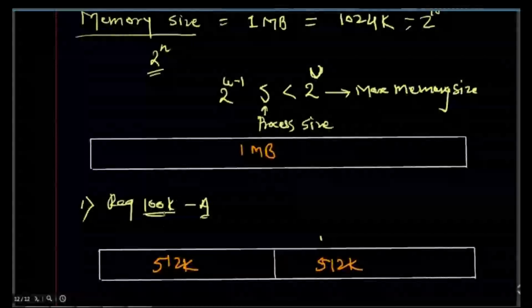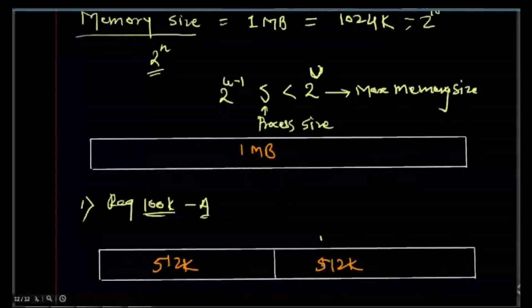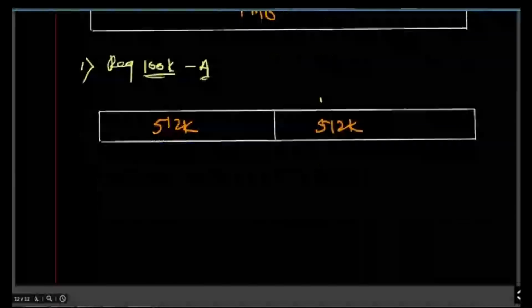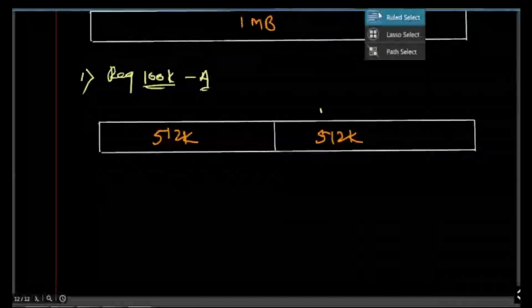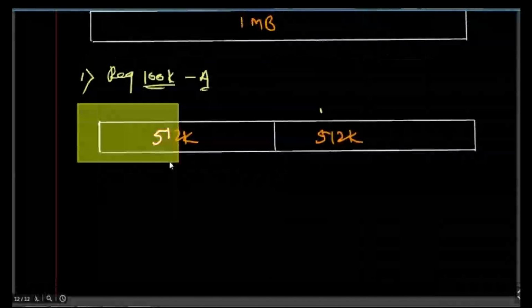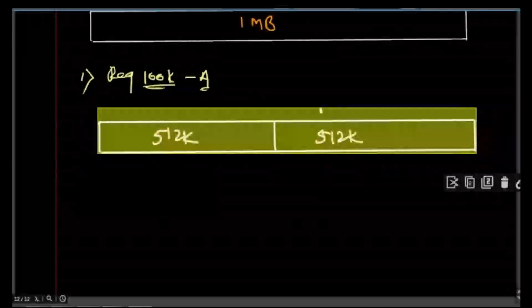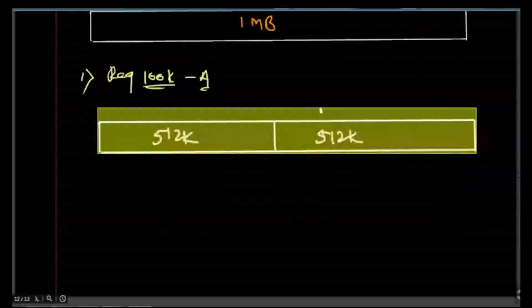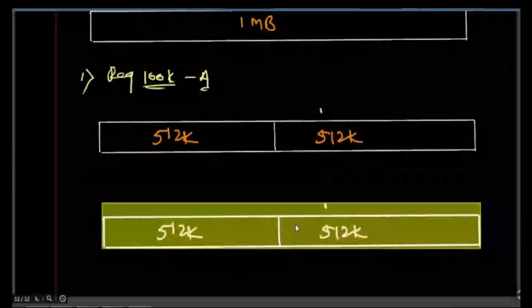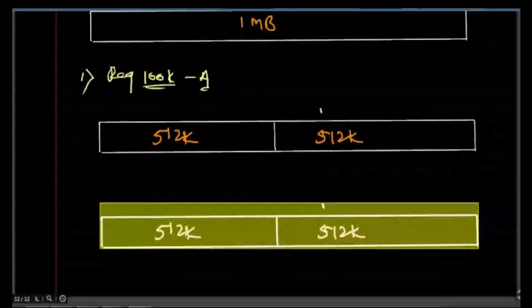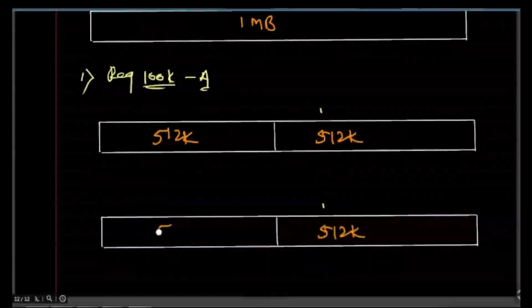But again, accommodating this 100K in any of these blocks will waste more memory. So next we will divide this memory into smaller blocks. You can either divide the partition on the left or the partition on the right.